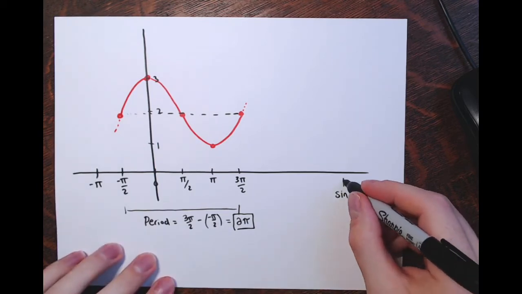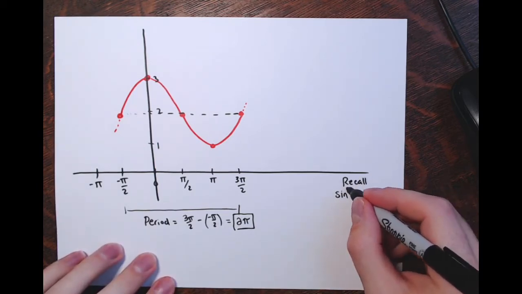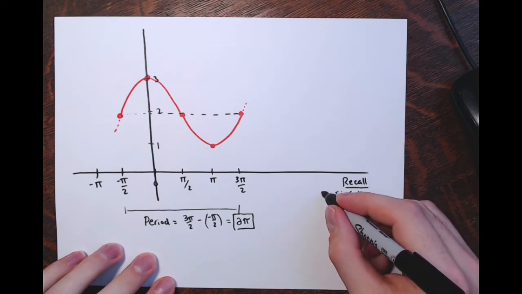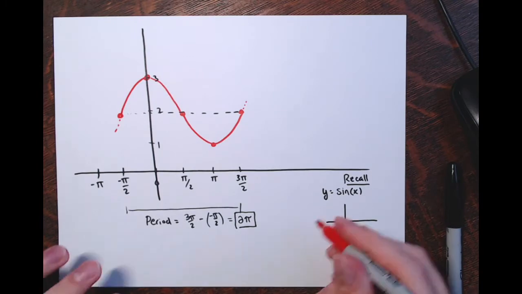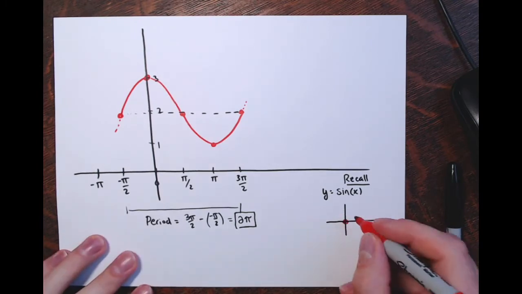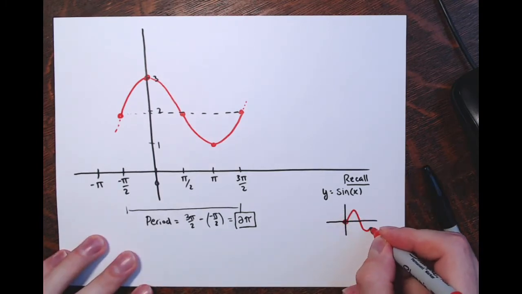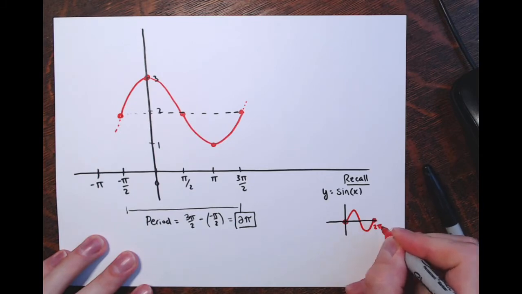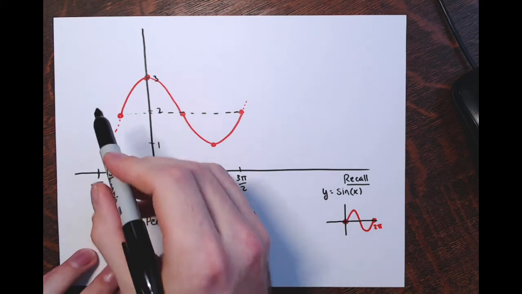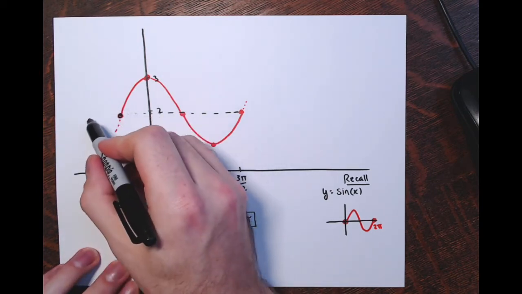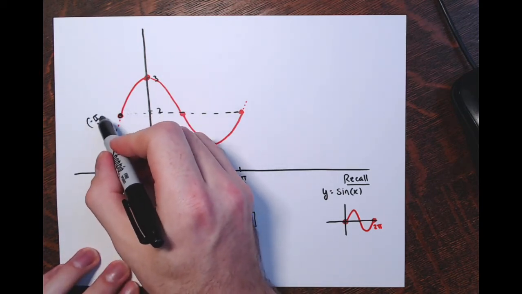Now recall what the sine of x looks like, just y equals plain old sine of x. Remember, that starts off at 0, 0 and goes up, then down, then up again, and then you got 2 pi as the period. So this has the same period, and this point here is negative pi over 2 comma 2.